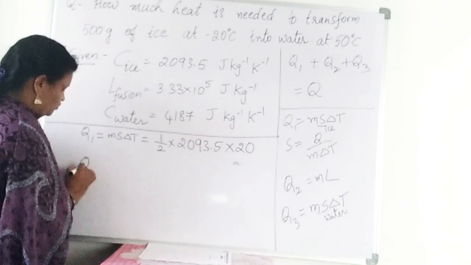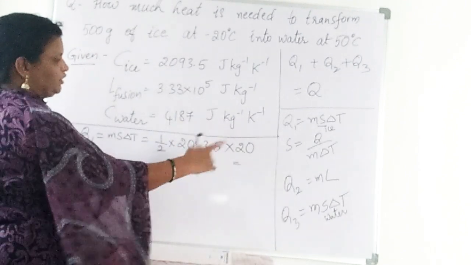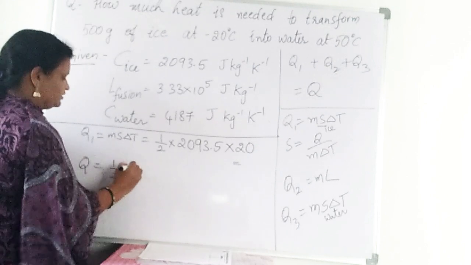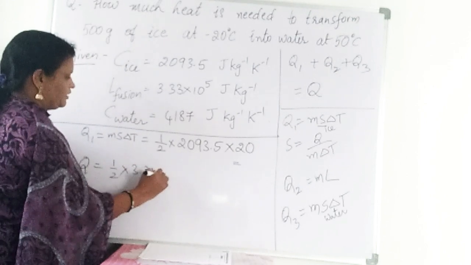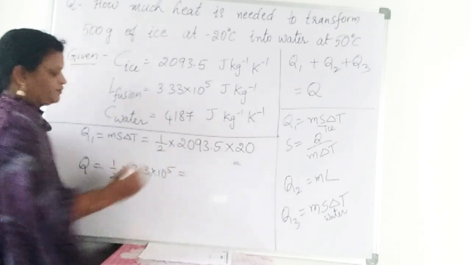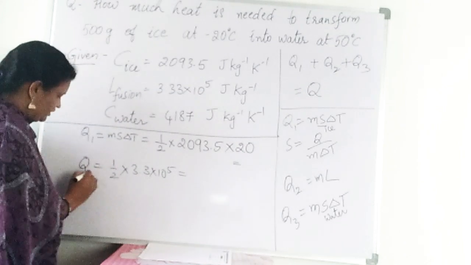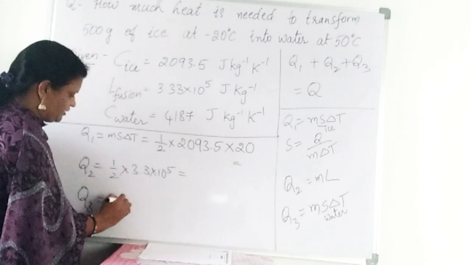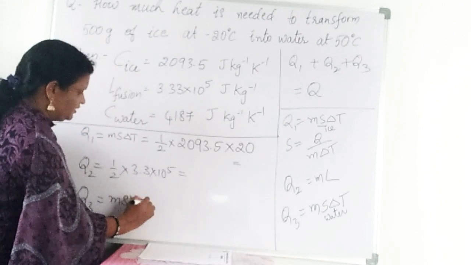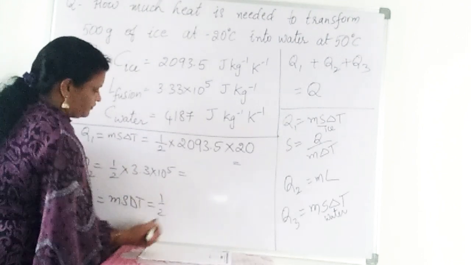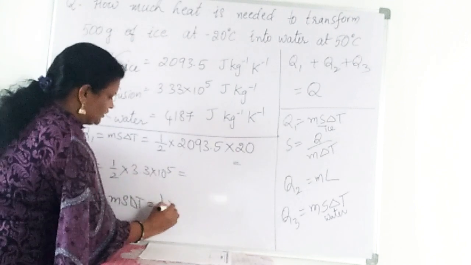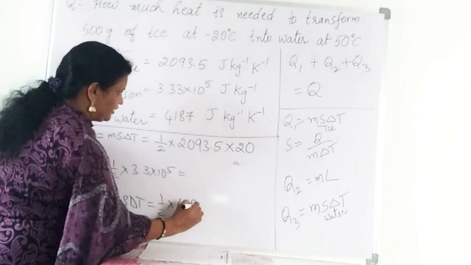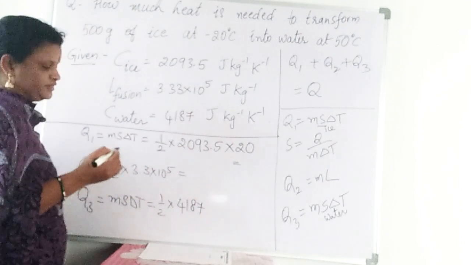So here we'll get the answer for Q1. Next, what is Q2 here? M into L. M is 1 by 2, and L is 3.3 into 10 power 5. Here we'll get the answer for Q2. Next, Q3 is again ms delta T, that is half kg, that is 500 grams, into S value of water, 4187.